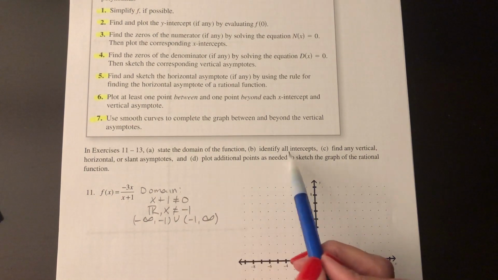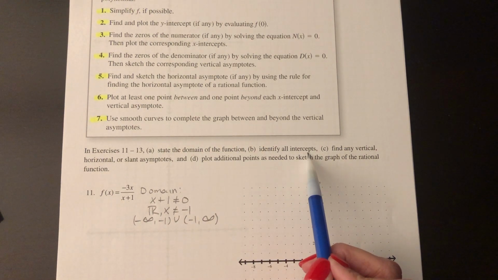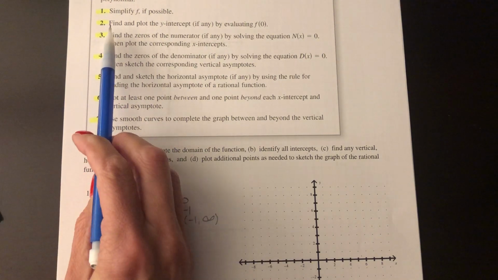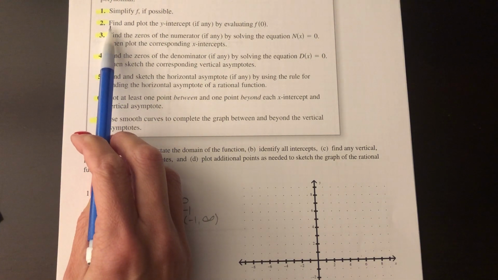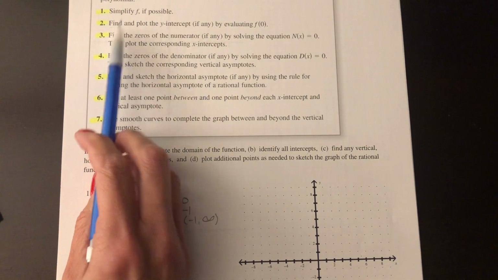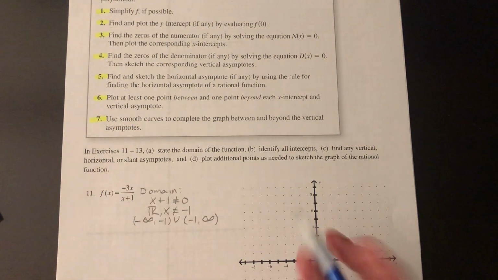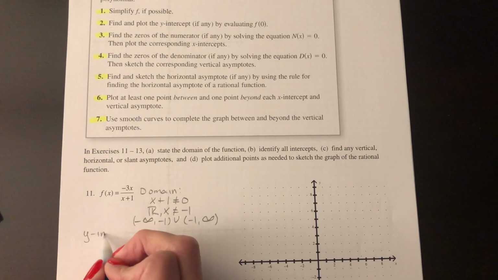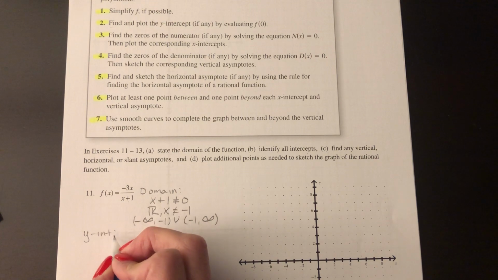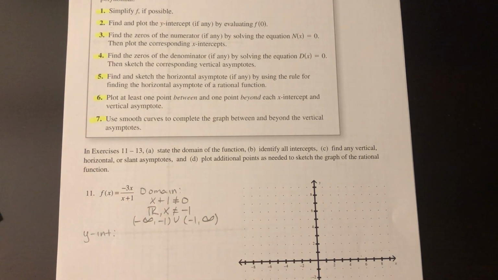Now it says to identify all the intercepts. So this is in our success criteria. So step 2, find and plot the Y-intercept. You find the Y-intercept by finding f of 0 or plugging 0 in for x.